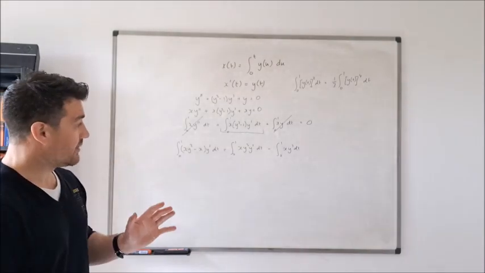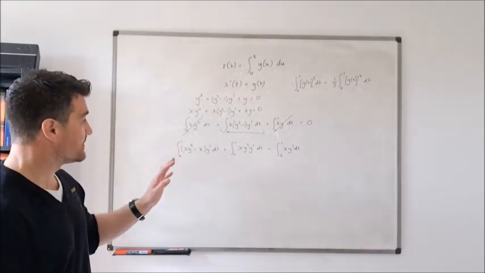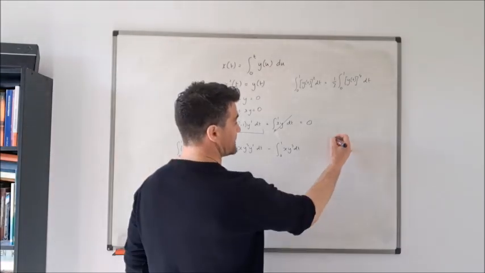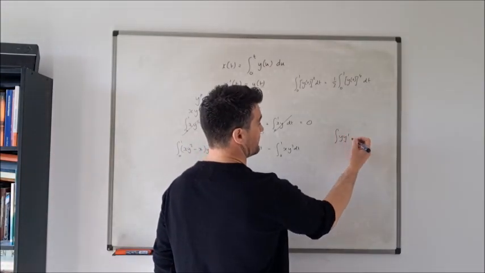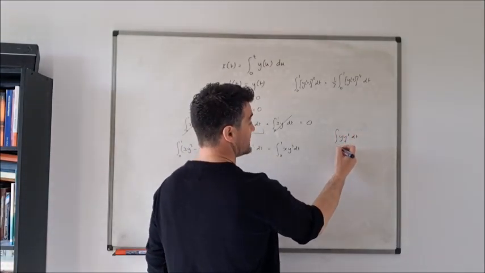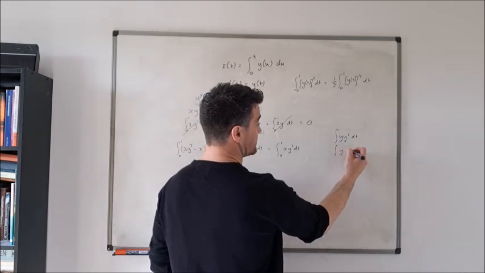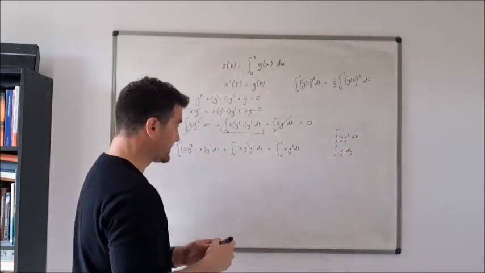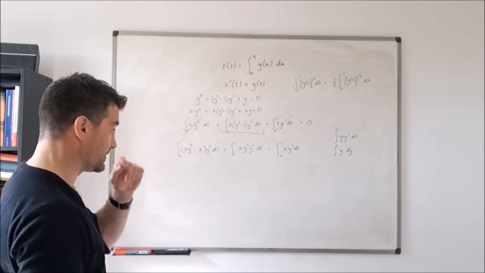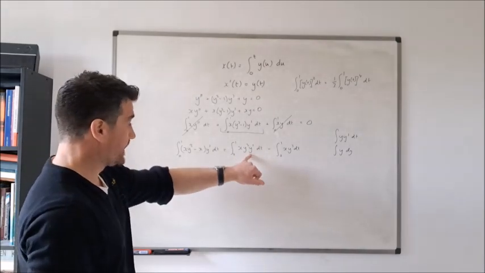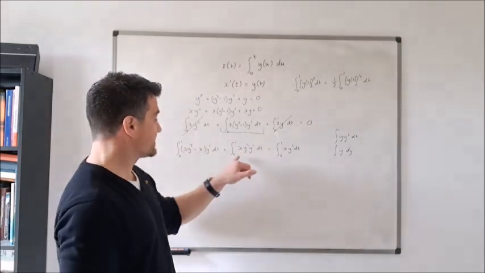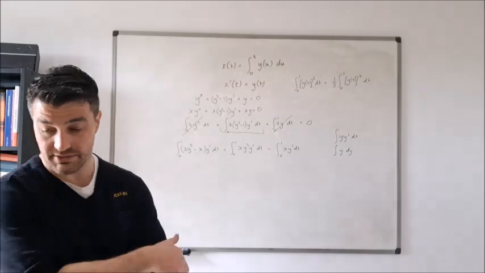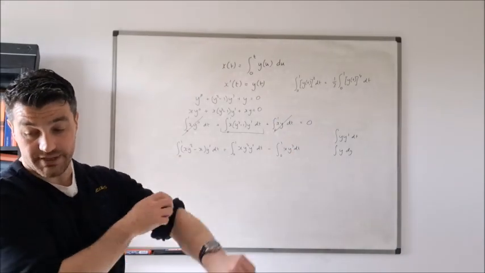So what I would like to do here is kind of what I did previously when I had the integral of y primed dt, change this to just an integral with dy. I can't do that here, unfortunately, because I've got the x in the way. Okay, that causes a bit of an issue for me.